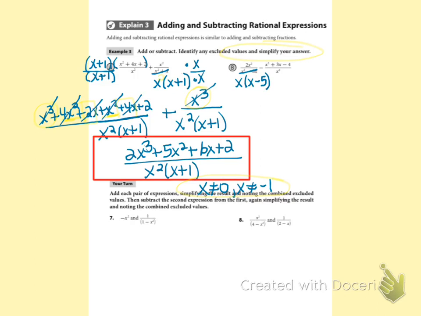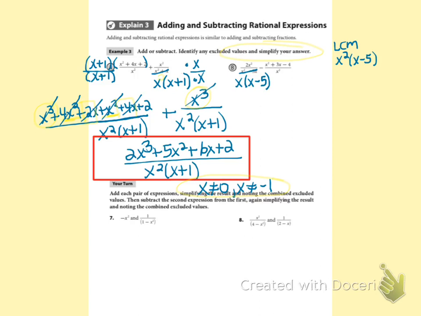So I know that what this second one is missing is an x minus 5. So my LCM is going to have an x minus 5 in it. But it also is going to have this x squared that the second one has. If we make the first denominator into an x squared, that would be our denominator.